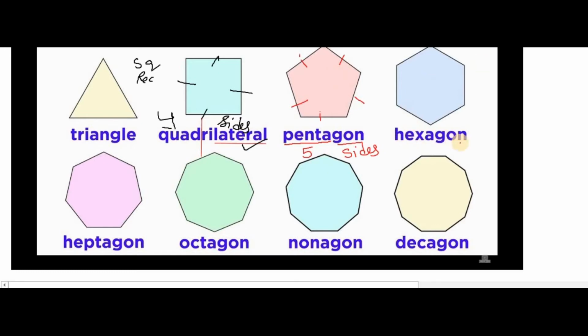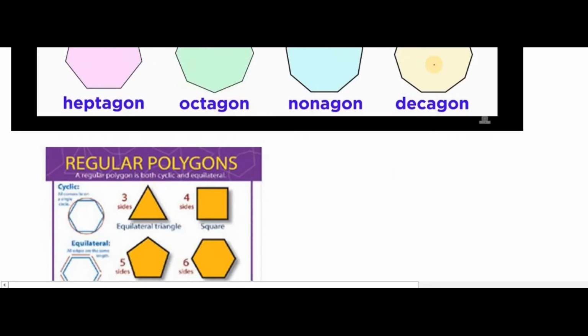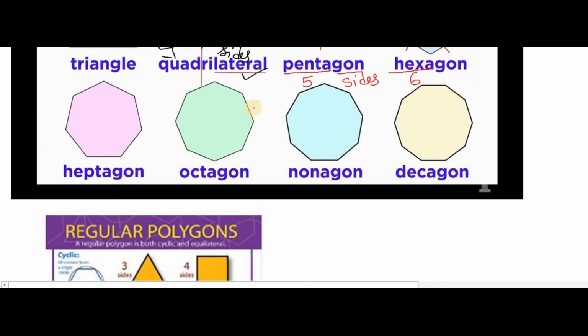With 5 sides the shape is called a pentagon, and with 6 sides, hexa means 6. See here, how many sides? 1, 2, 3, 4, 5, 6. So hexagon is your 6-sided shape.